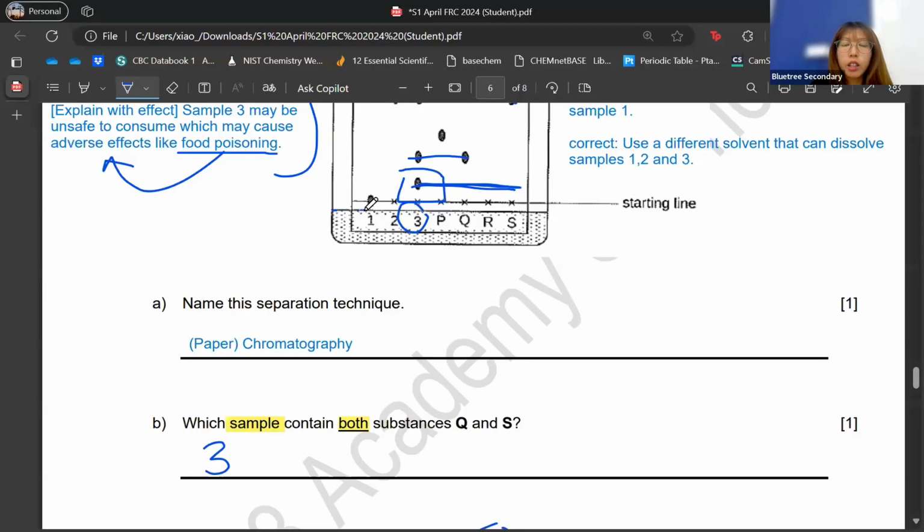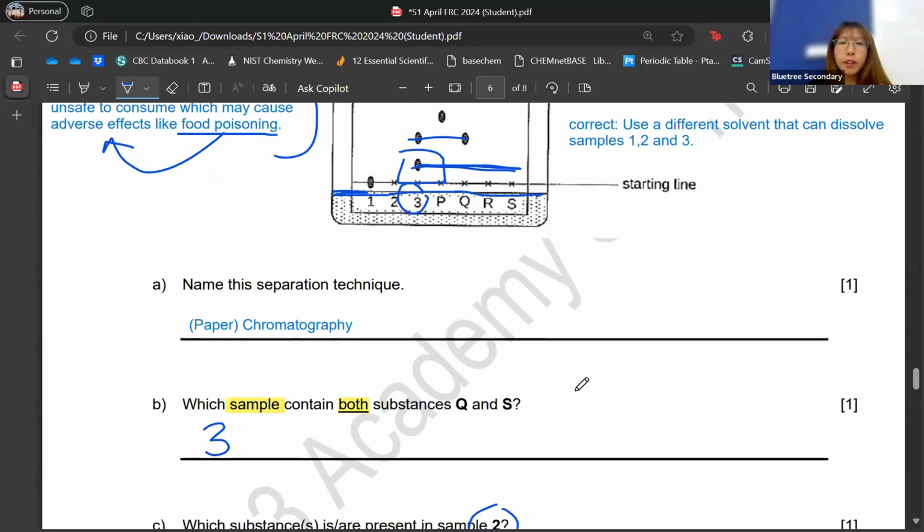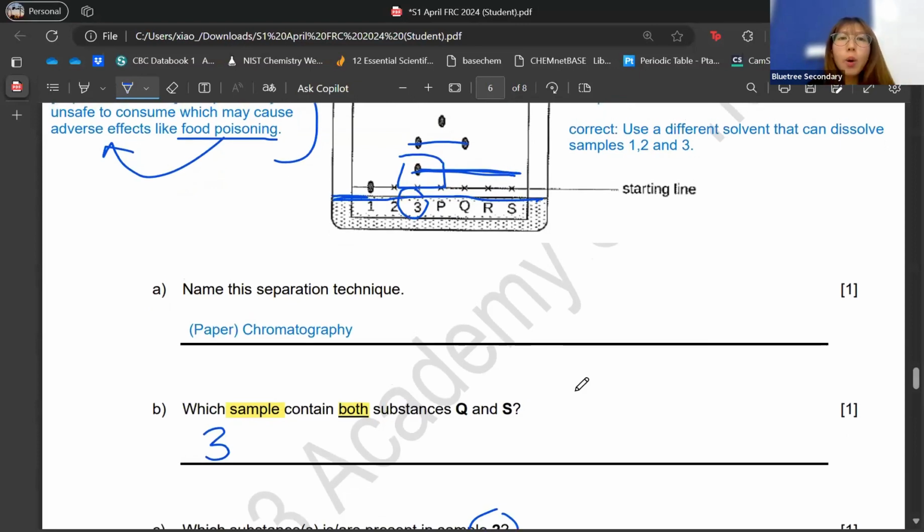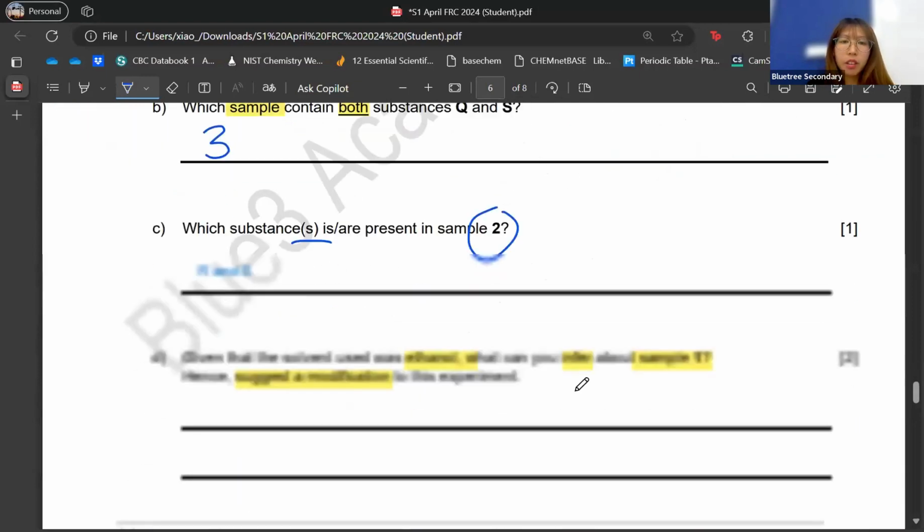Okay, so you can see that this depends on how much of the solvent you pour. If you pour a small volume of the solvent, your level will be lower. If you pour a larger volume, your level will be higher. So this is what we call the solvent level. So remember, in your science learning, chromatography, the solvent level must always be below the starting line.